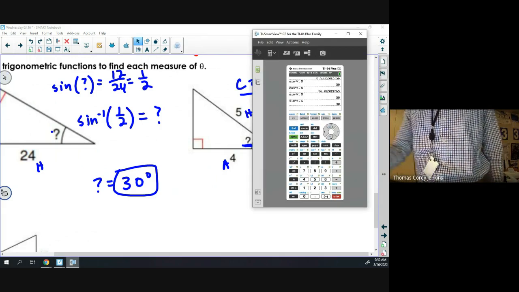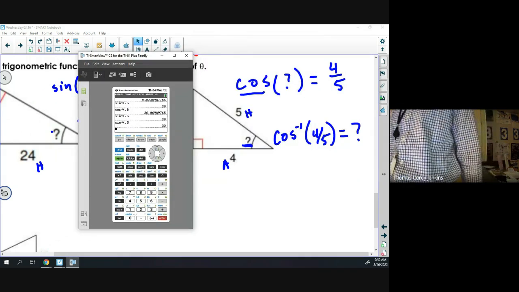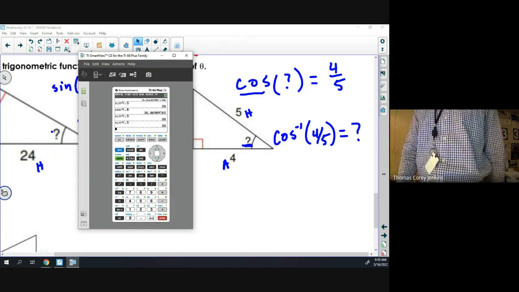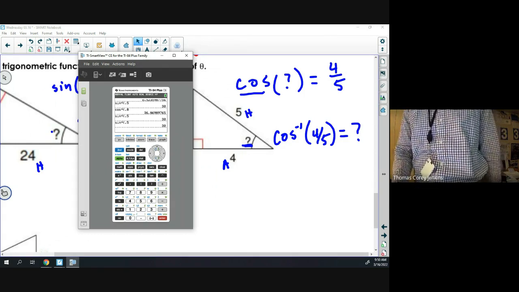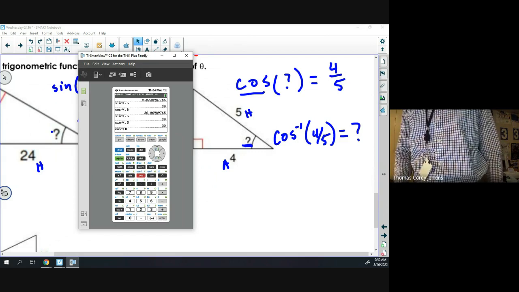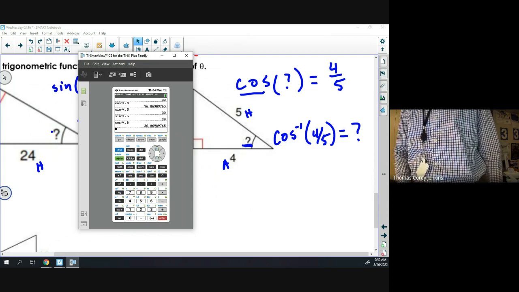So then we just type it in. That one is not on the unit circle. Nothing on our unit circle has a cosine, or an x value, of 4/5, so this is going to be probably some irrational number. Arc cosine of 0.8 is about 36.8 something.